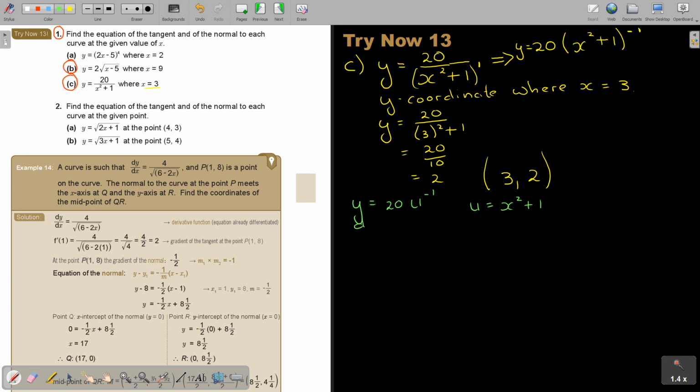So dy over du is negative 20 and u to the power of negative 2. And then this one is du over dx.